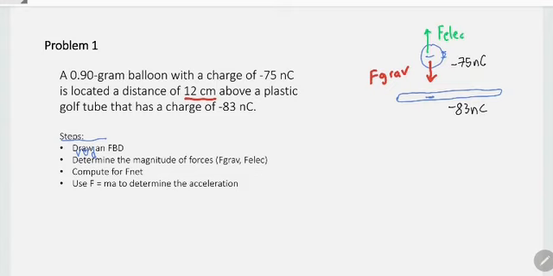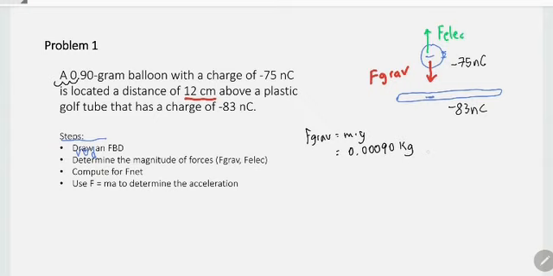Diba ganun naman? So let's solve for F-grav, m times g. Mass is 0.90 gram. Lagyan ko yan ng 3 0 para maging kilogram. Move it 1, 2, and 3. Kasi 1,000 grams in 1 kilogram, right? And then, what's the g?